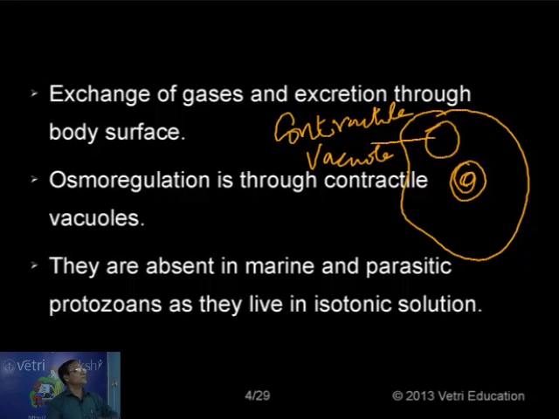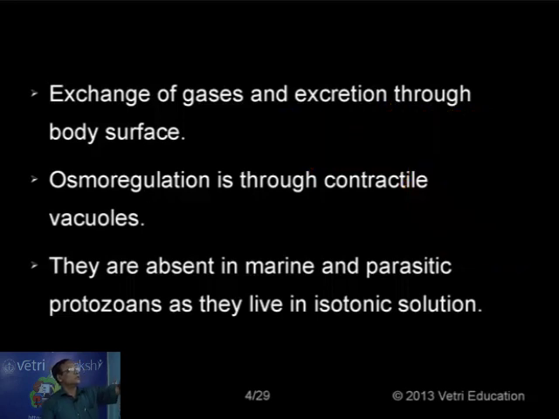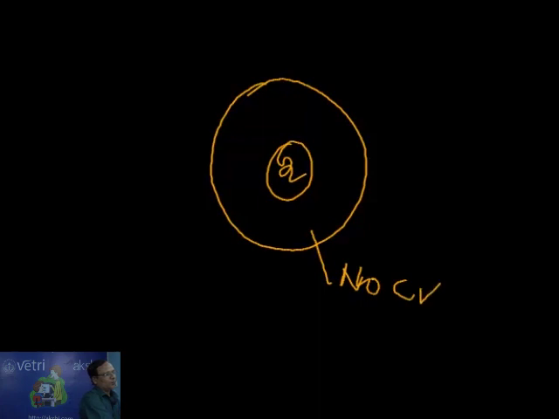What is the reason for this one? Suppose let us take for example the parasitic protozoan or a marine protozoan having nucleus, here no contractile vacuole. What is the meaning for that one? Now this is a medium where they are living. The medium in which they are living is isotonic.